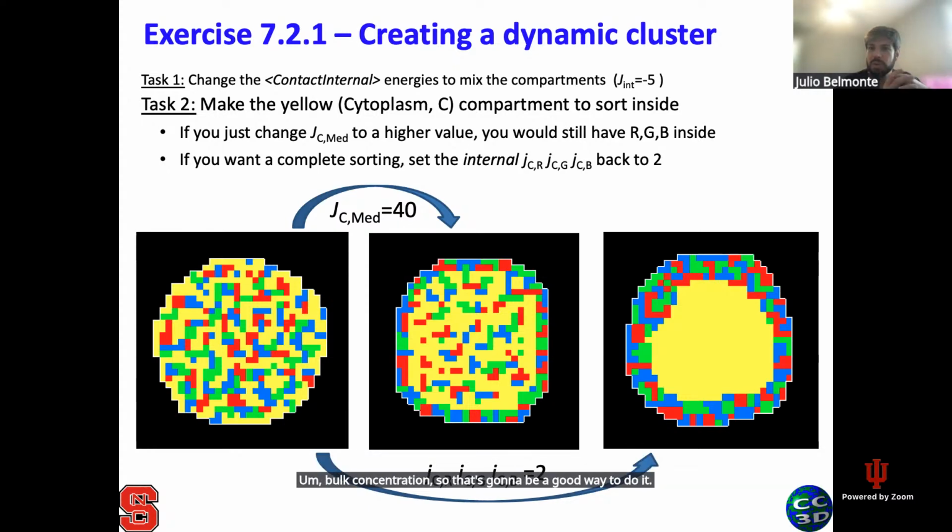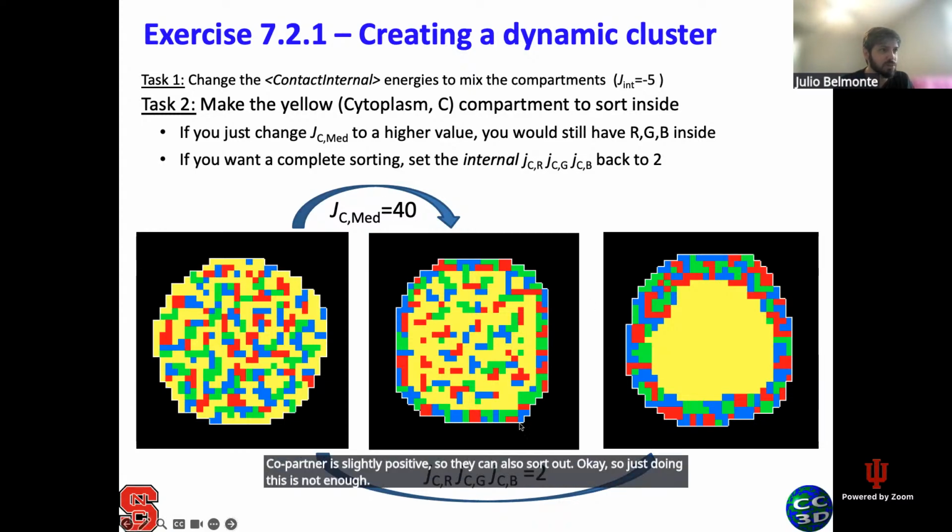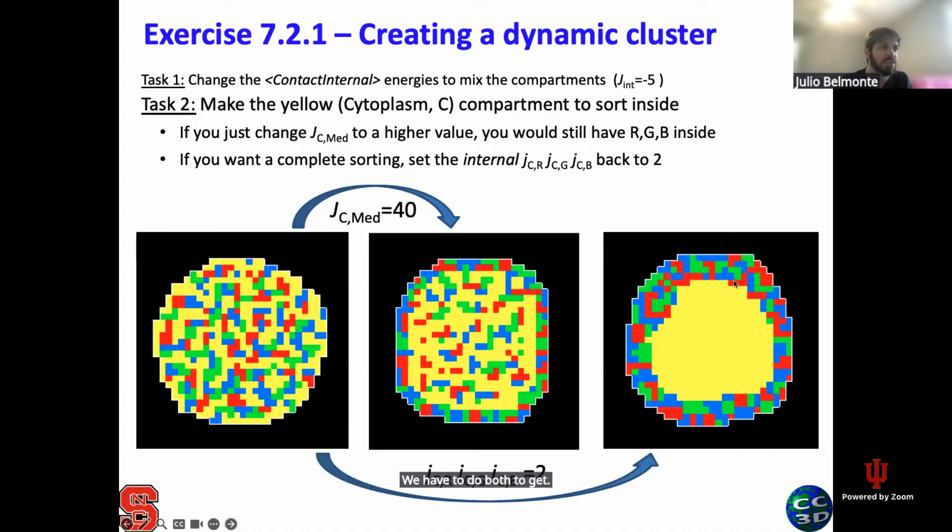But if you want to completely sort the other compartments to the membrane, you also have to make the energy of the cytoplasm and all the other compartments slightly positive so they can also sort out. Okay, so just doing this is not enough. You have to do both to get it sorted out.